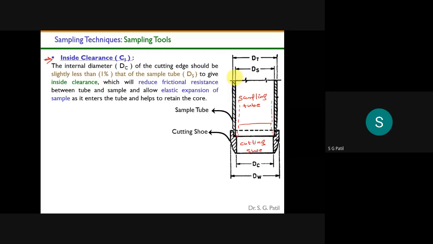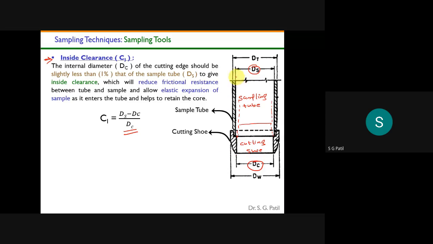You see, this is the tube. Tube diameter is a little bit higher than the inside diameter of your cutting shoe. So the ratio of that will give me the inside clearance. Inside clearance is nothing but Ds minus Dc divided by Dc.